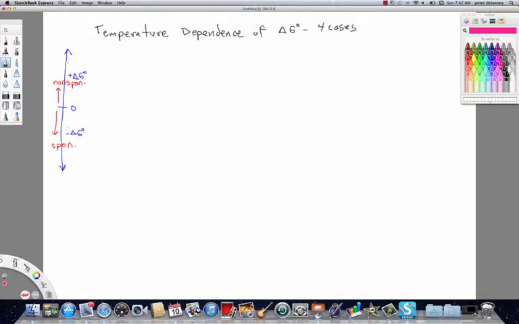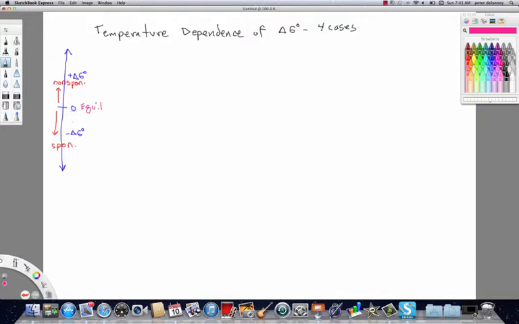So you can think of the free energy change of a process or a reaction to be a number line. And in the middle of that number line, we have the value 0, which is essentially the equilibrium point of a chemical reaction.